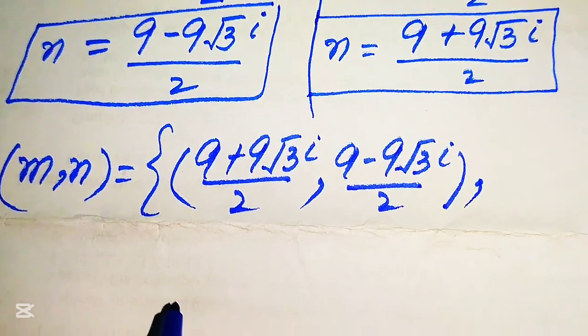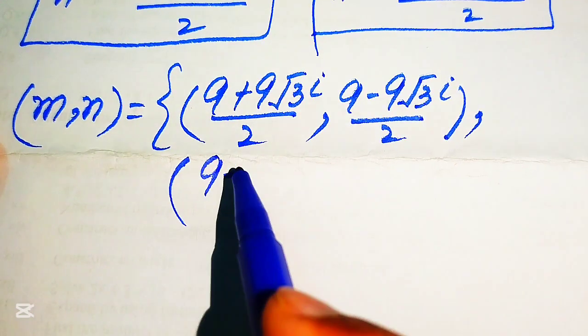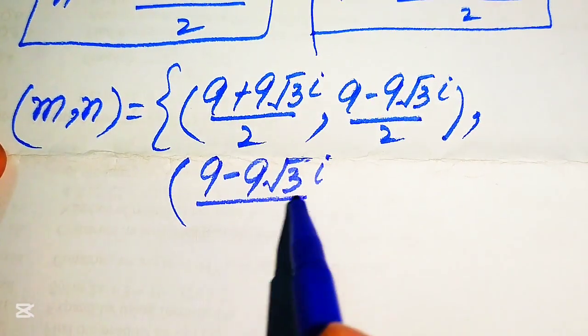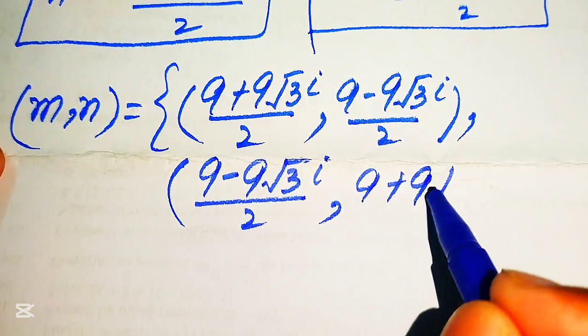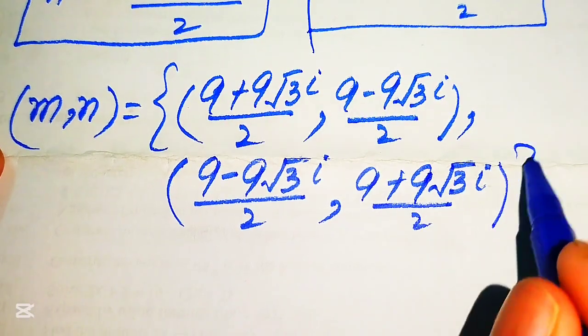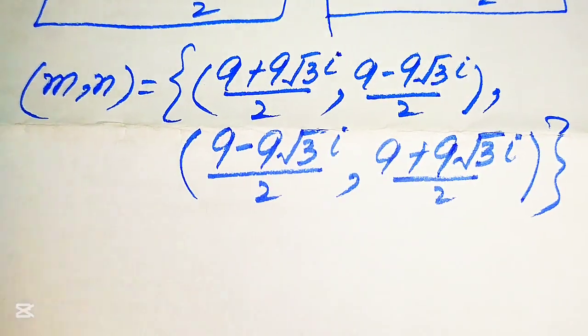So this is the first solution set, and in the second solution set the value of m is 9 minus 9 times the square root of 3 iota divided by 2. The value of n is 9 plus 9 times the square root of 3 iota divided by 2. So this is the second solution set of the given equation. Okay, this is the final answer of this question.